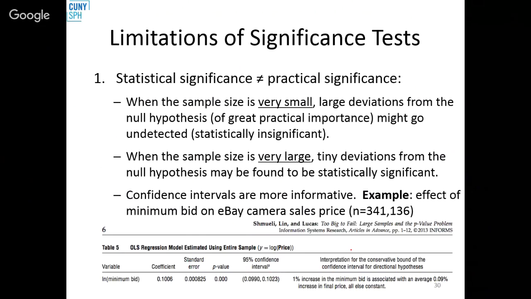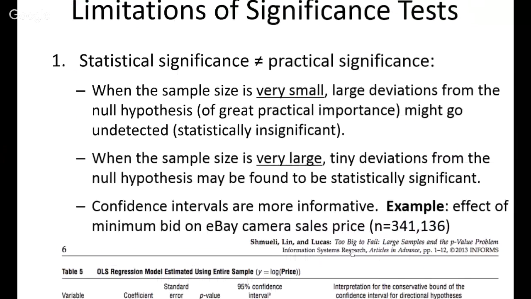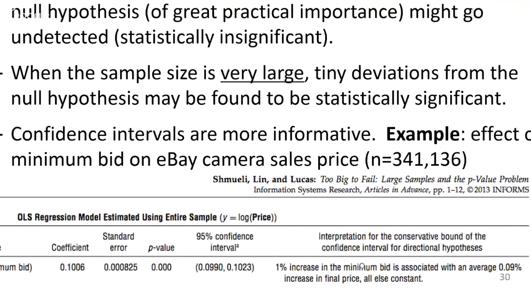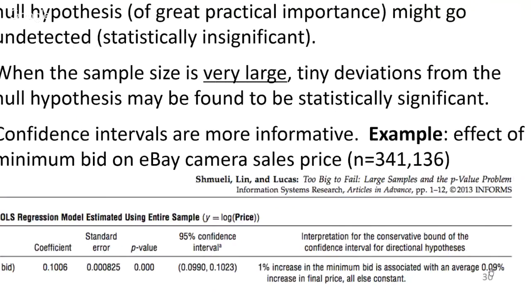But in their step 5, the interpretation would be that a 1% increase in the minimum bid is associated with an average 0.09% increase in the final price, all else held equal.